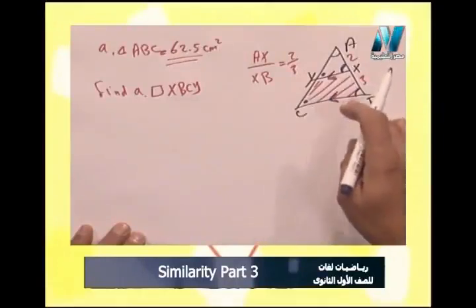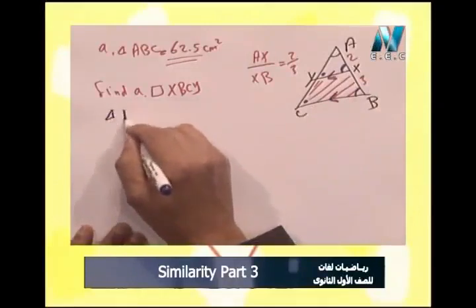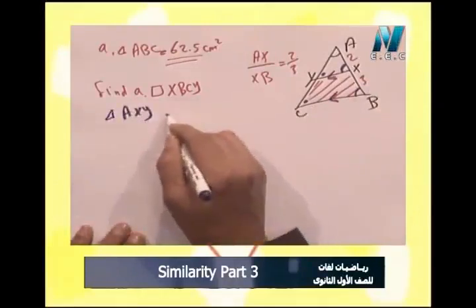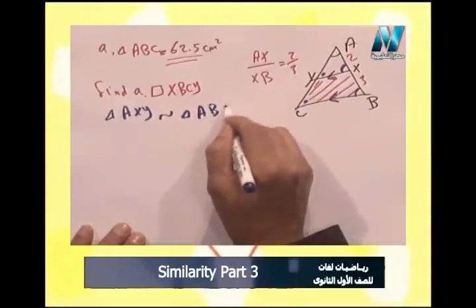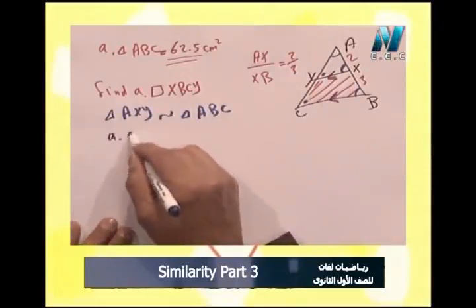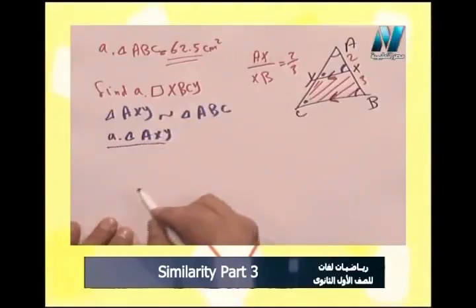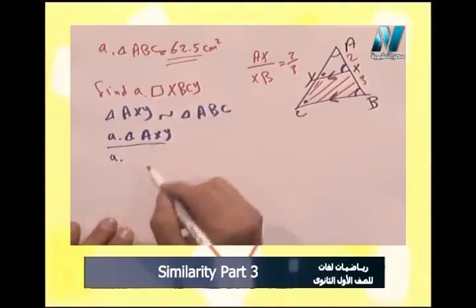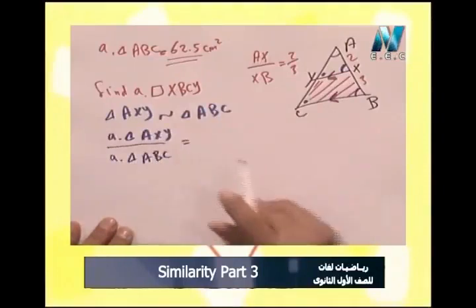So it is easy to prove that triangle AXY is similar to triangle ABC. And we will deduce that the area of triangle AXY over the area of triangle ABC equals what?